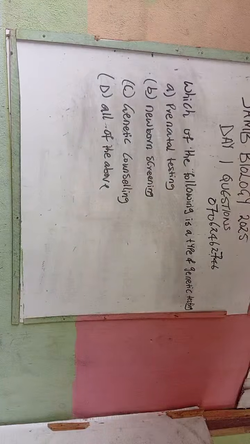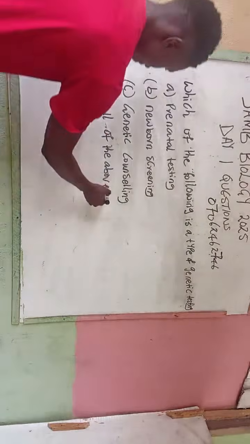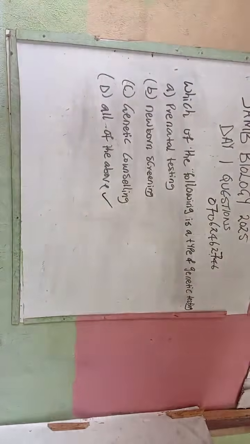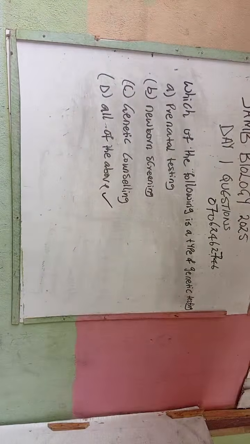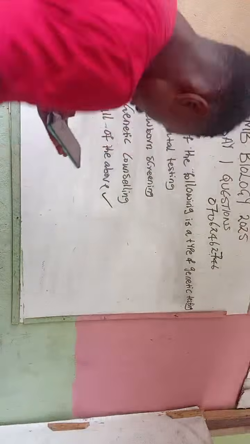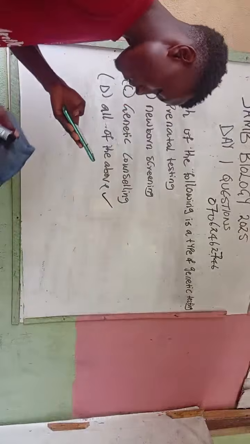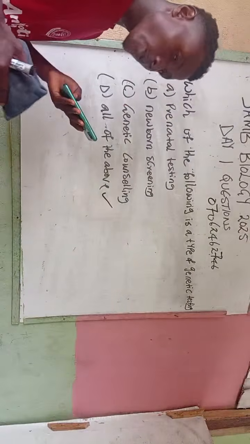So the correct answer there is D. All of them are types of genetic testing. Yes, Joshua Okafor, you are correct. Successful, you are correct. Prenatal testing, newborn screening, and genetic counseling are all types of genetic testing.